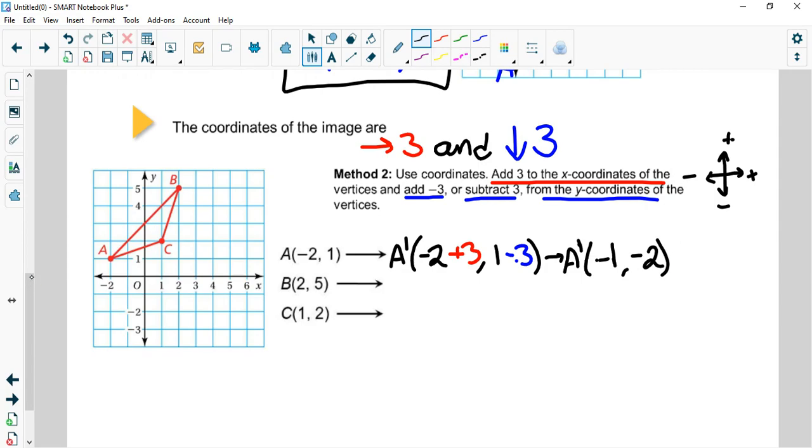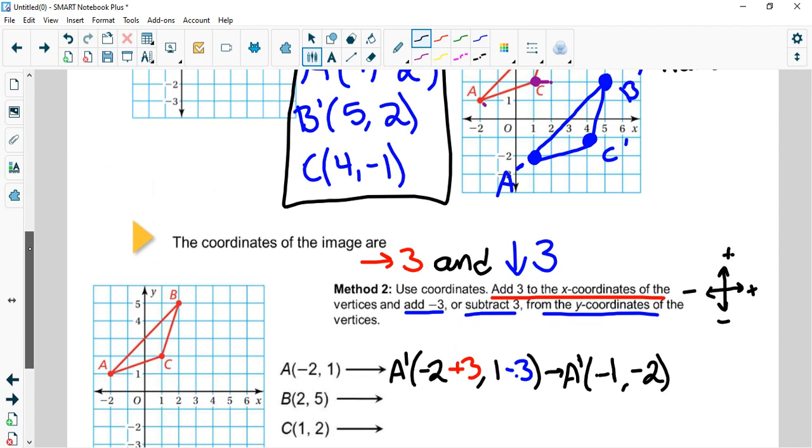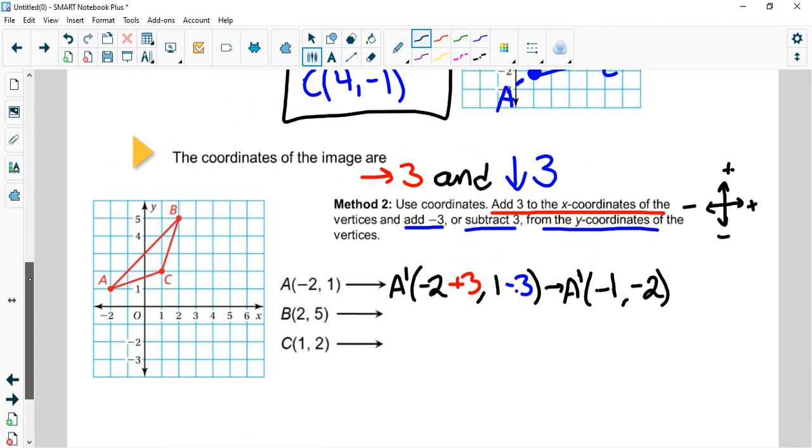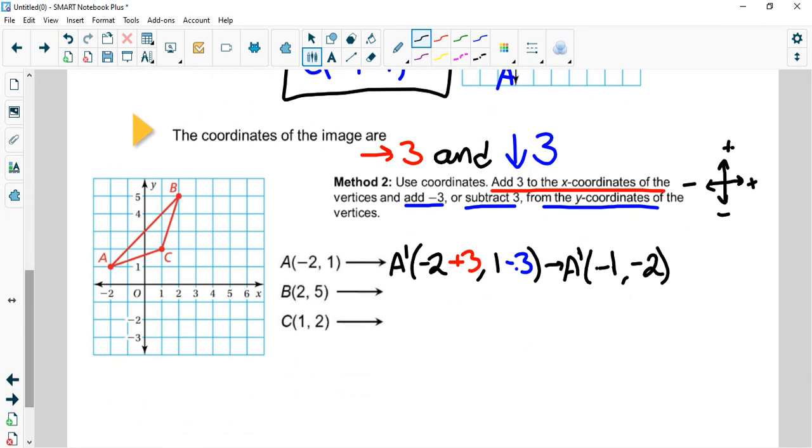Now, is that the same as our previous result? I realize I made a mistake. That mistake is here with the 1. It should have been positive. But now I can place that on the graph. At (1, -2), this would be A prime.